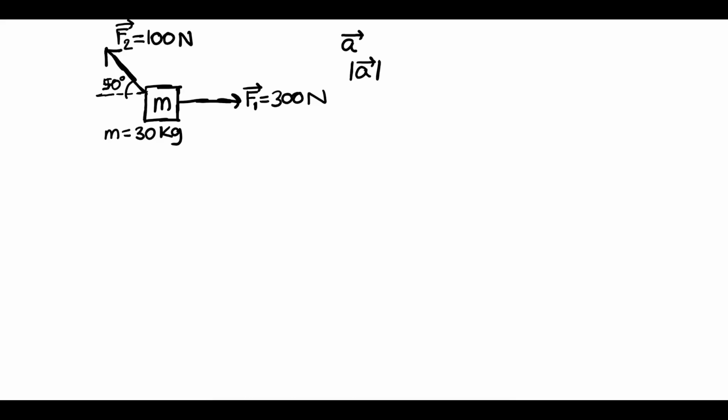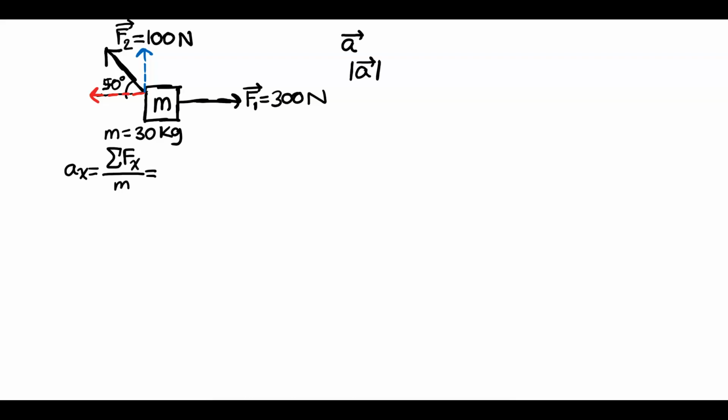So in the x direction, our acceleration in the x direction will be the net force in the x direction over m. However, we have this force, but we also have this force. Remember, this angled force has two components. One pointing to the left and one pointing straight up. So the one pointing to the left contributes to this x net force, because it's trying to pull back and act against F1.